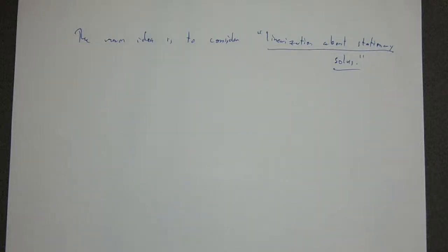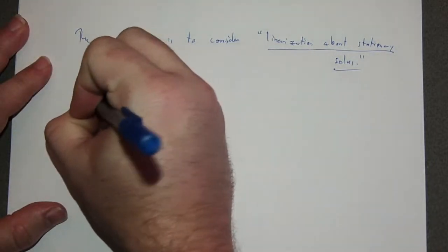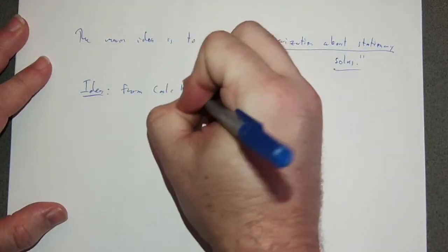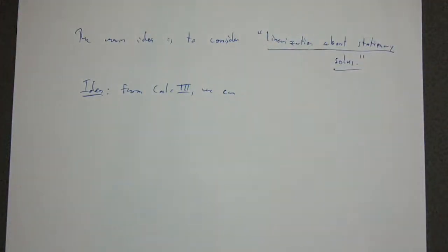So what is this? Well, the idea here is the following. From Calc 3, we can linearize f and g, which means we use their multivariate Taylor expansions to approximate these things near a point.